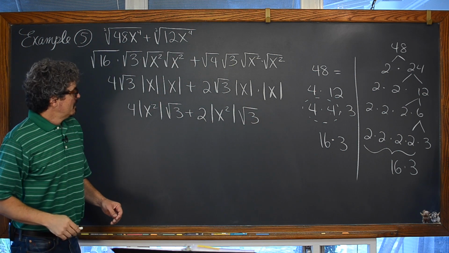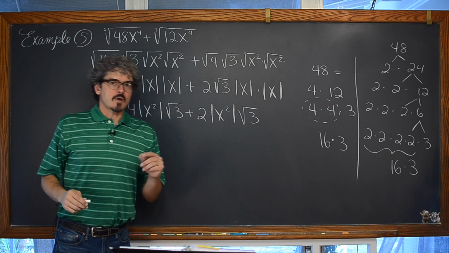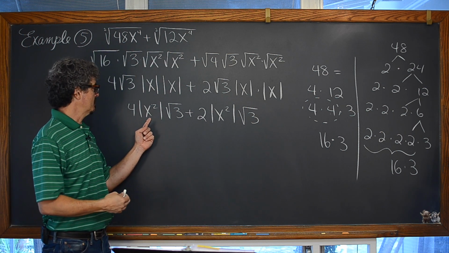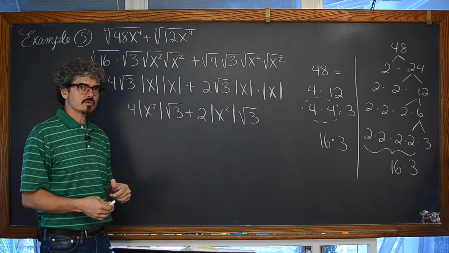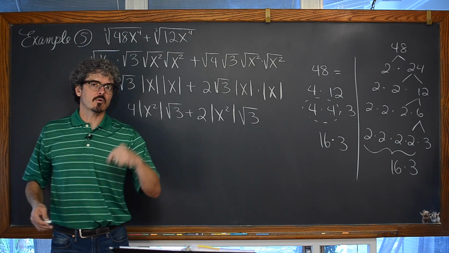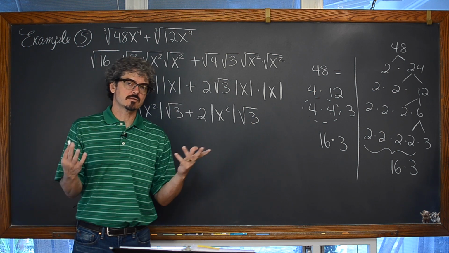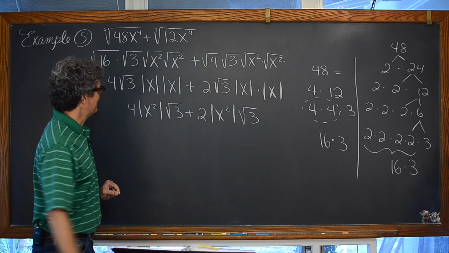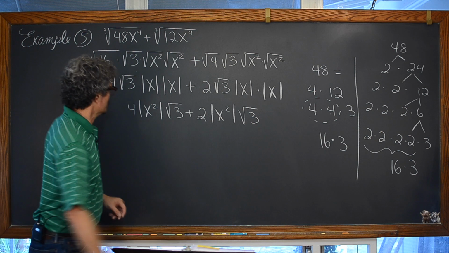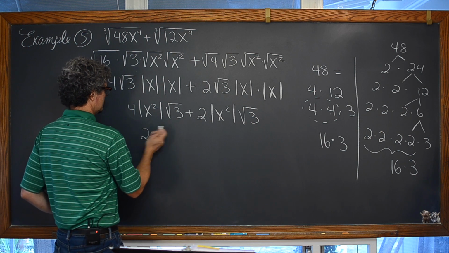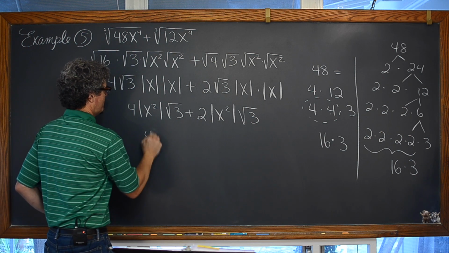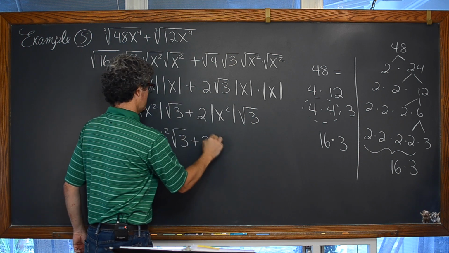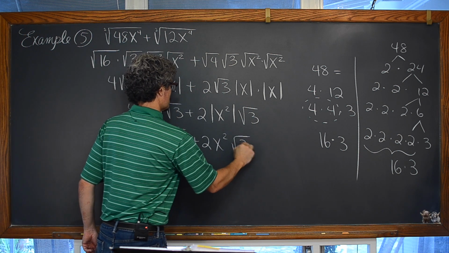Now, do we need to keep the absolute values wrapped around our simplified expression here, or factor of x squared? No, any number raised to an even power comes out to be a positive value, thus the absolute value function notation there is redundant, so we're looking at 4x squared times the square root of 3 plus 2x squared times the square root of 3.